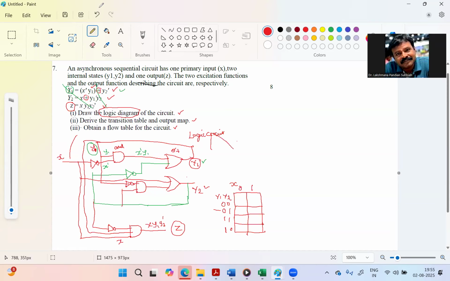Right. Now here using the function itself, we have to fill it now. Then here we are having now Y2 dash, right?